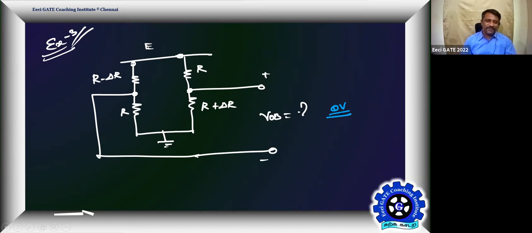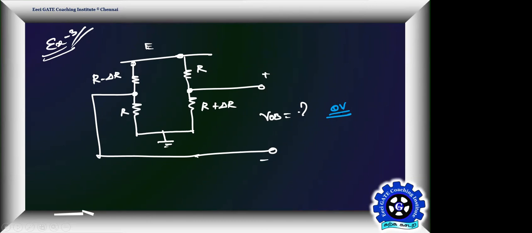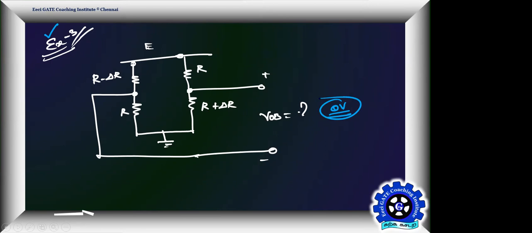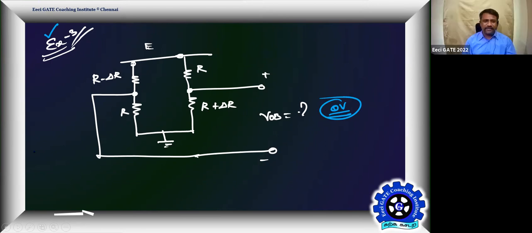Yes or no? Product of opposite resistors are not equal. Then how is the bridge in balance? How is the output 0? You do that example 3, then check whether V naught is 0 or not. Okay? Yes, sir. Yes, 3 examples you can try.